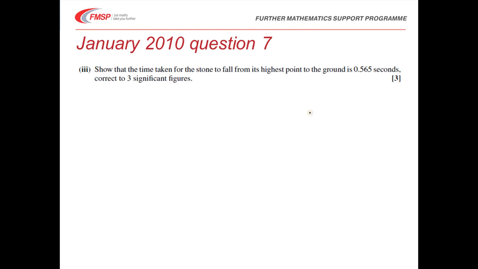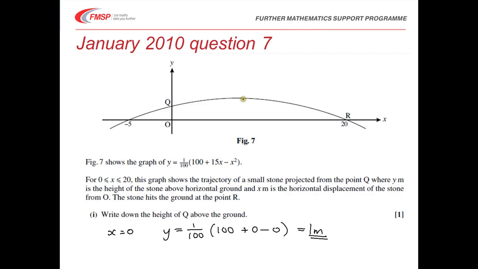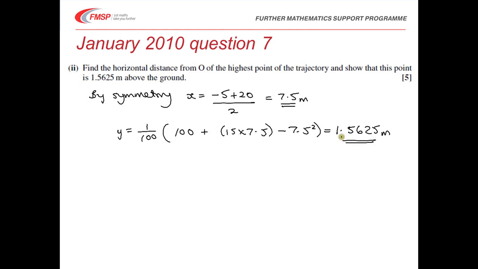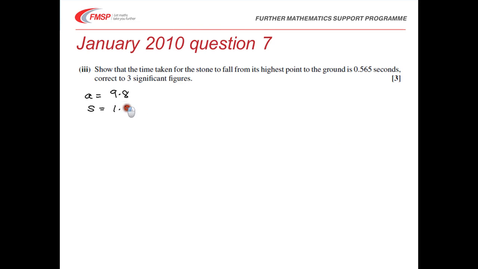We now have to show the time taken for the stone to fall from its highest point to the ground. So let's think about the vertical motion. If we go back and look at the diagram, from this highest point to the ground, the particle or the stone is being acted on by gravity, and we know that that is 9.8 metres per second squared. We know from the previous question that it starts from a height of 1.5625 above the ground.